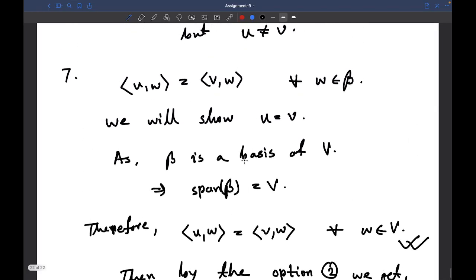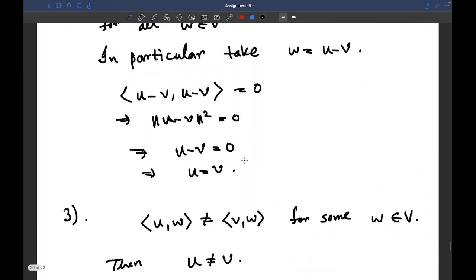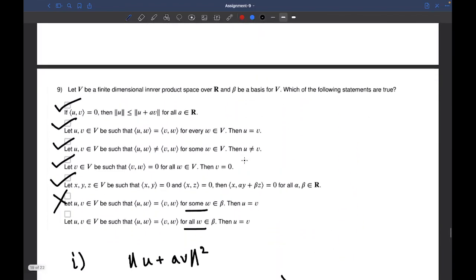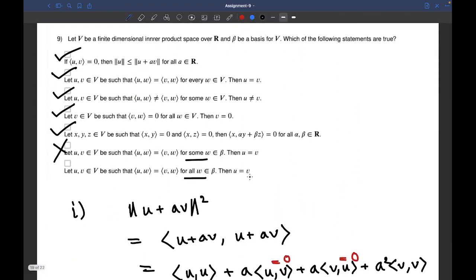So option number 7 is done. Therefore if this is true for all W in the basis, then U equals V. So option number 7 is also correct.